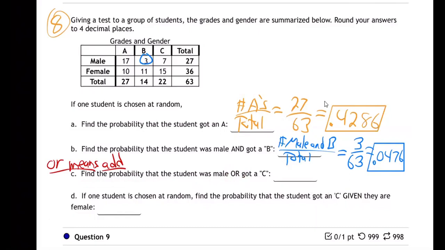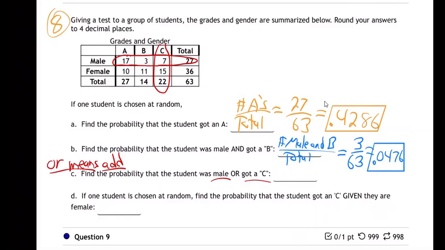Or means add. And means multiply. So how many people are male or got a C? Well, we've got to take all the males and all the C people, don't we? All those people are male or got a C.